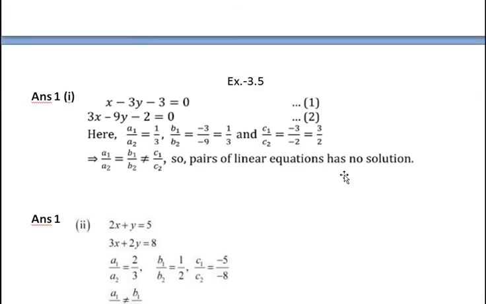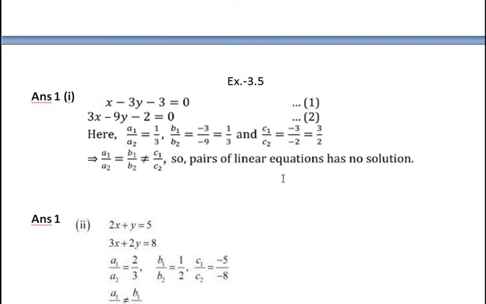So now let us solve the first part of exercise 3.5, question 1 first part. These are the two equations given. We need to find what kind of solution they have: infinitely many, no solution, right? After putting the values, you can see a1 by a2, b1 by b2 and c1 by c2. We can easily see that a1 by a2 equals to b1 by b2 not equals to c1 by c2.